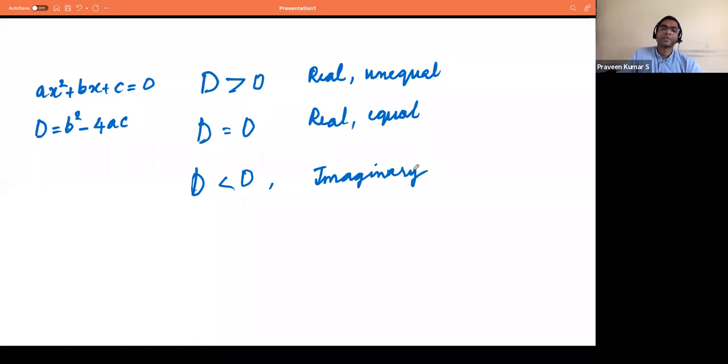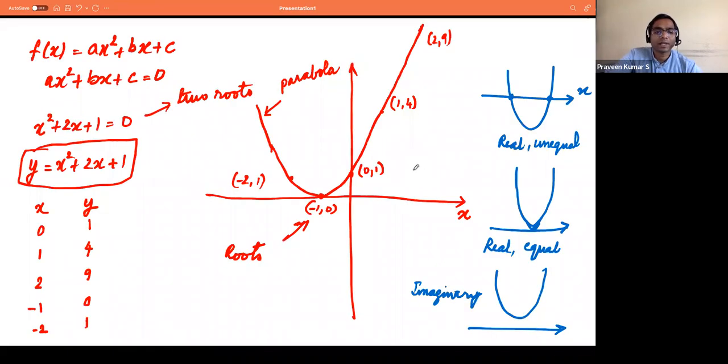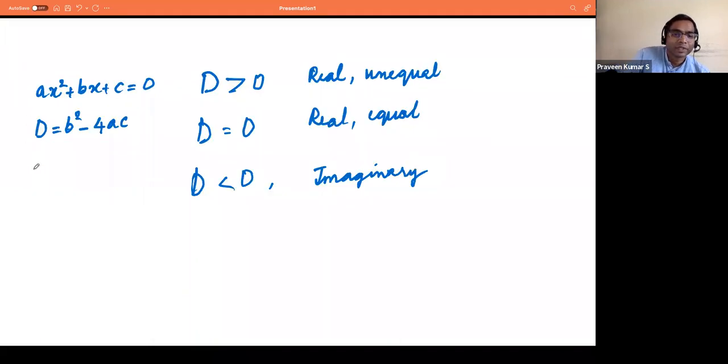Now just check, in this case you had x square plus 2x plus 1 is equal to 0. What is the discriminant here? What is the value of b here? 2.